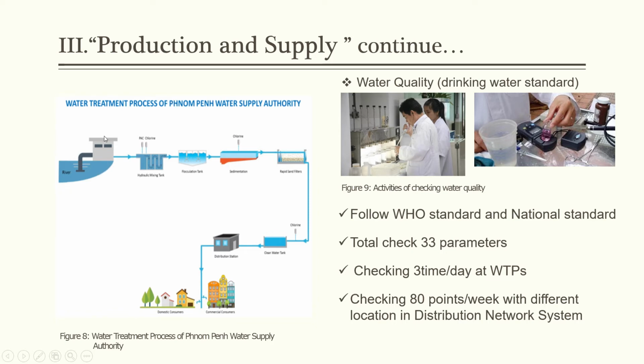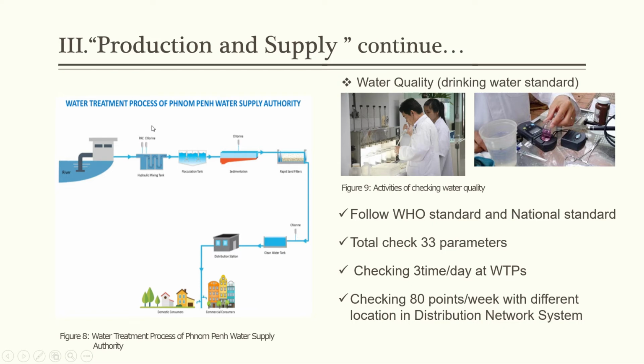First is the raw water pumping station, which pumps the water from the river, and the second is the hydraulic mixing tank, where they put in chlorine and polyaluminum chloride, and the third step is the flocculation tank, and then the sedimentation tank, where they put in chlorine again, and the next one is the rapid sand filter, and after getting the clean water in the tank, they put in chlorine.